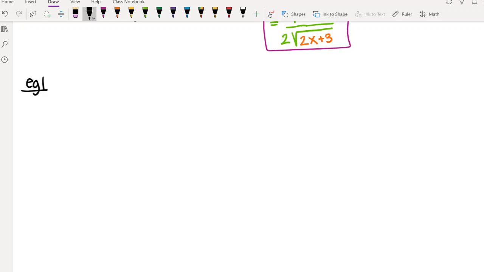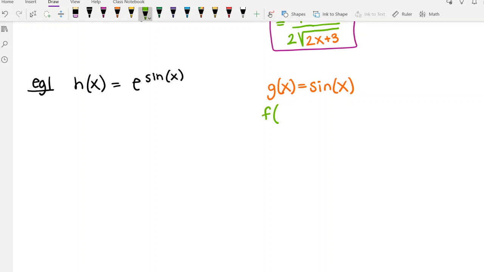Okay, so let's try h of x equals e to the sine of x. This one was actually kind of a tricky one, I think. If you remember earlier on when we did this one, we said that our inner function was sine of x and our outer function was f of u equals e to the u.